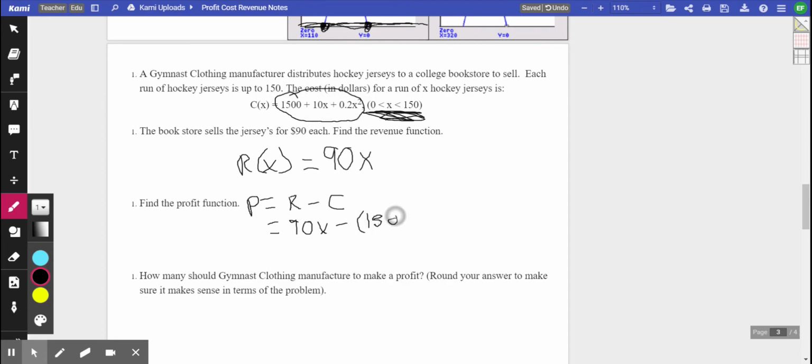So make sure that when we're doing this out, we distribute the negative to all 3 terms that are here, 0.2x squared. All right, when I combine like terms, when I distribute that negative, I get negative 0.2x squared plus 80x minus 1500. So that is our profit function.